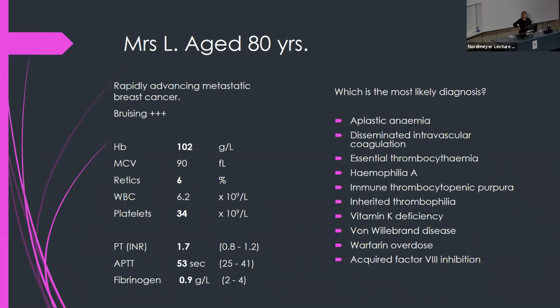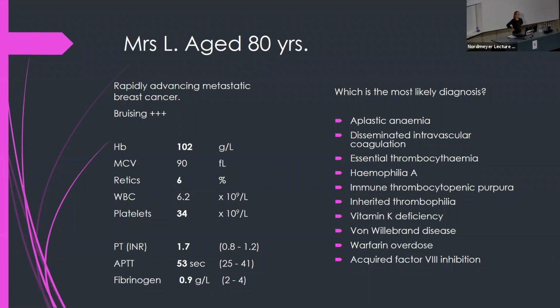Vitamin K deficiency gives you a long prothrombin time, or INR, doesn't it? Mostly. If you get really bad, vitamin K you need for factors 2, 7, 9, and 10. So if you had it really bad, you could have a long APTT as well, but primarily it's prothrombin time that gets long. Von Willebrand's disease gives you low factor 8. So you'd get a long APTT, but the rest would be normal.